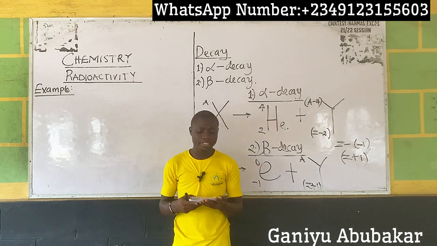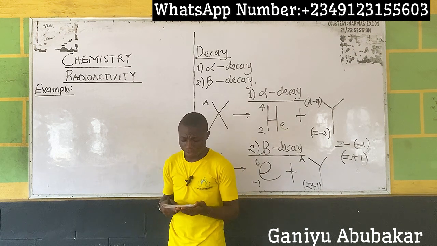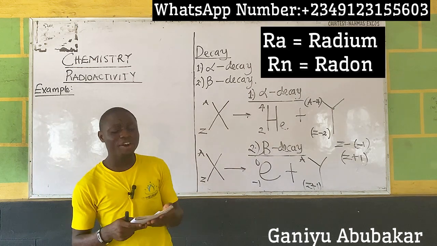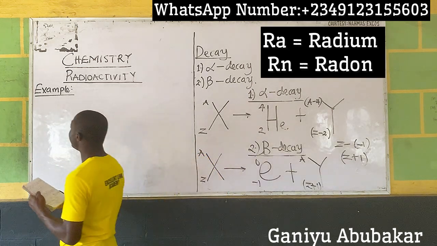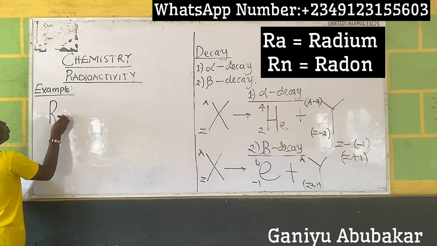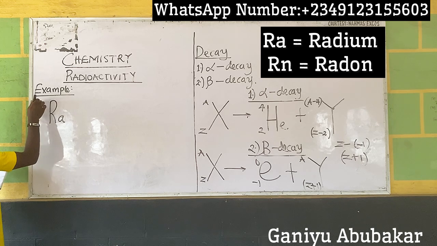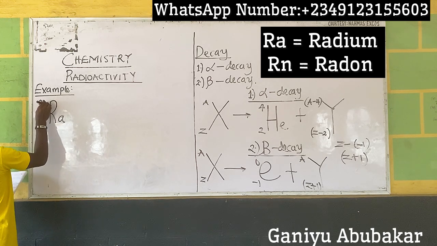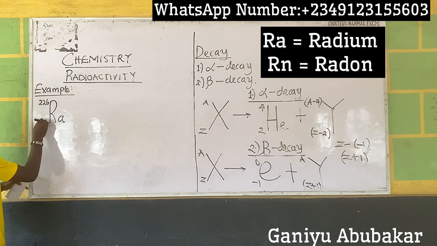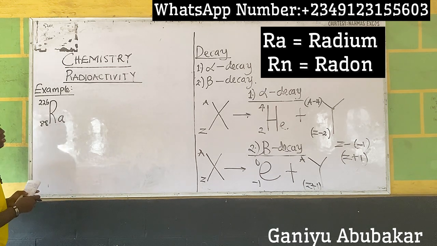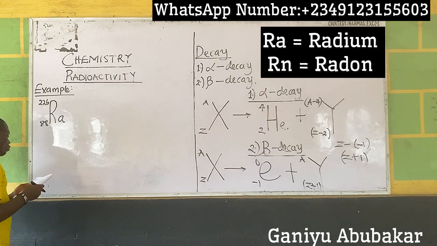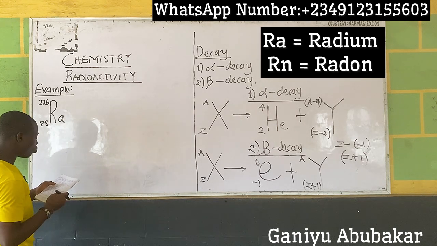Radium is abbreviated as Ra. So radium-226 has mass number 226, and by the way, the atomic number of radium is 88. You are expected to know it.